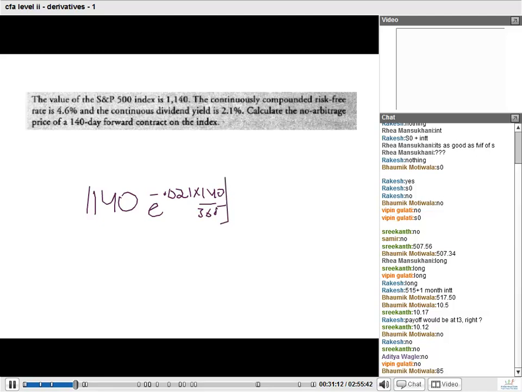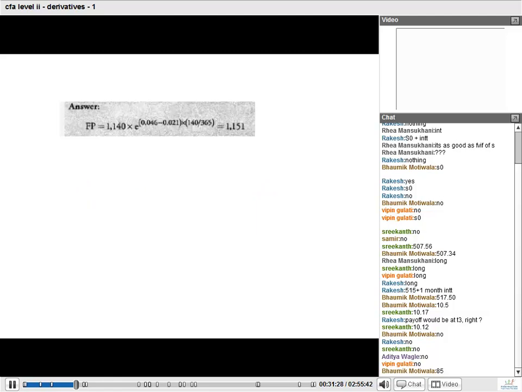So that's what you'll replace S0 by, and the formula remains S0 e raised to power RT, e raised to the power 0.046 into 140 by 365. So you need to subtract the continuously compounded dividend yield. It's similar to taking the present value of the dividend.